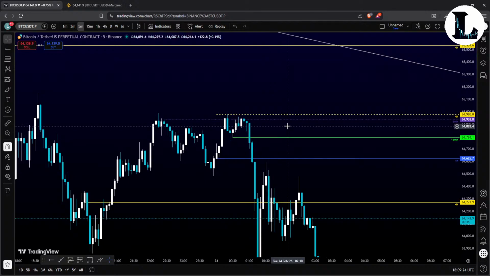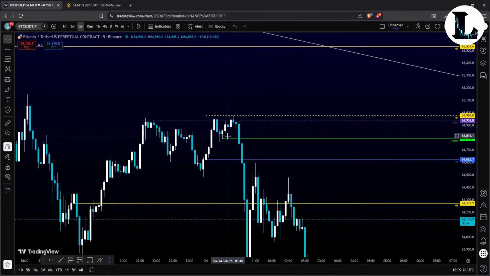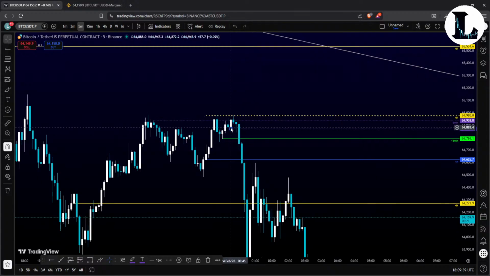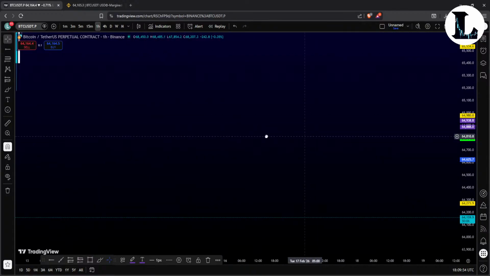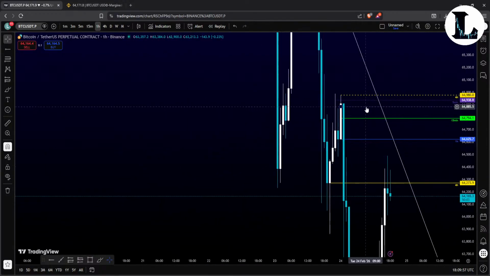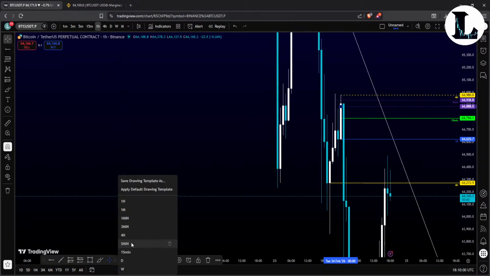If we go to the 15 or even to the 5, this 5 is also protecting that 4 hour, as you can see. I don't mind going here, but I'd rather see a reaction to the downside, of course, on this 5 liquidity level. Sorry, this is a 5 resistance.